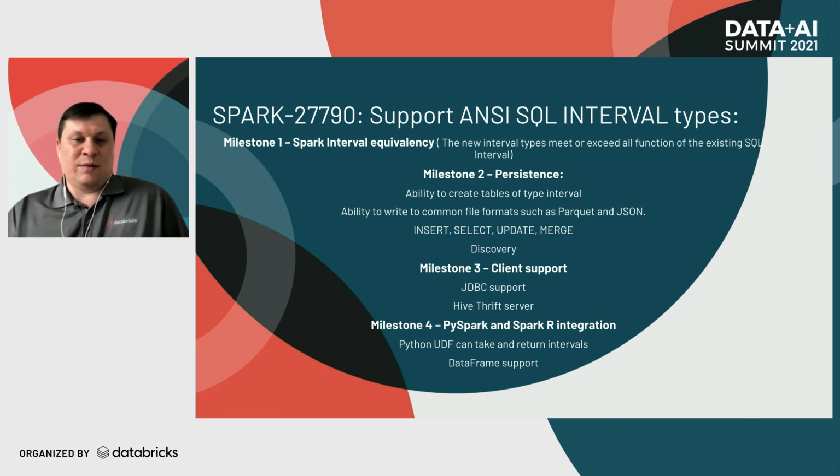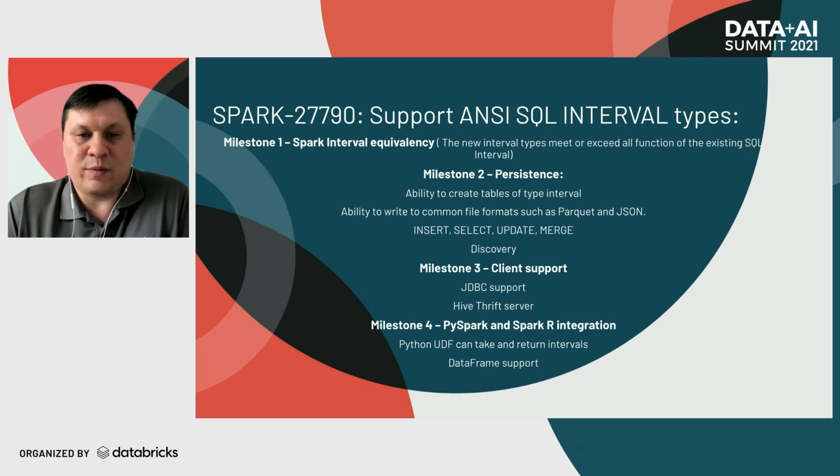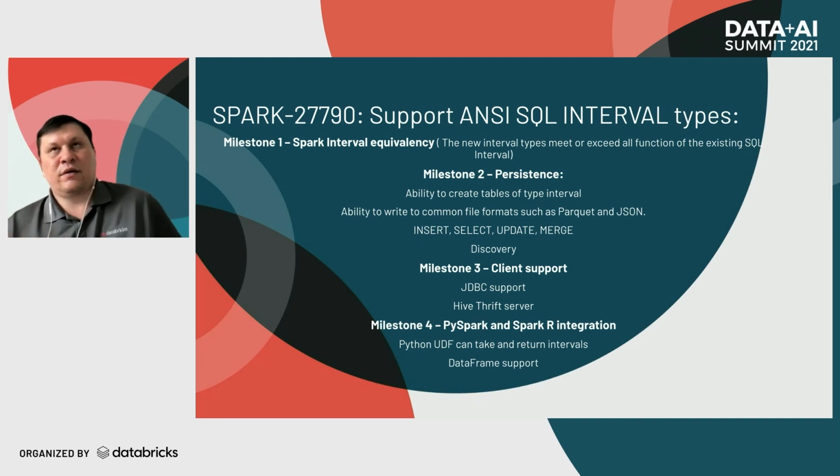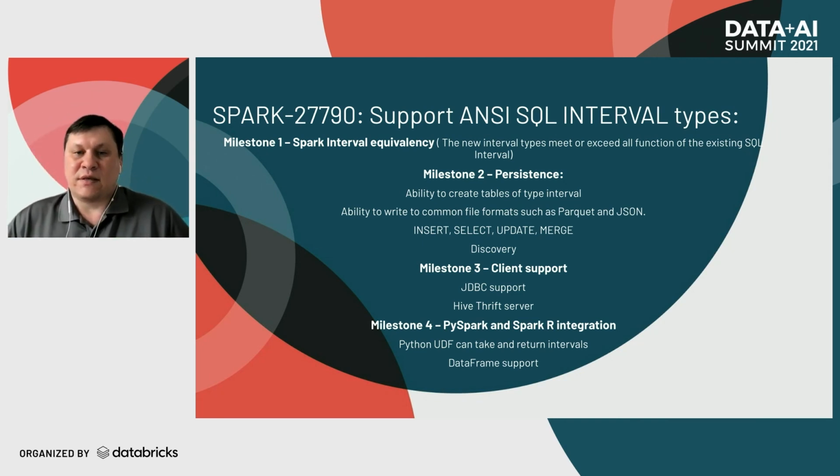In milestone 3, we have almost implemented all the features. Currently from milestone 3, we support access to tables with new intervals via Thrift server, via JDBC. Currently, we return new intervals as strings because we think this would be easier for our users.